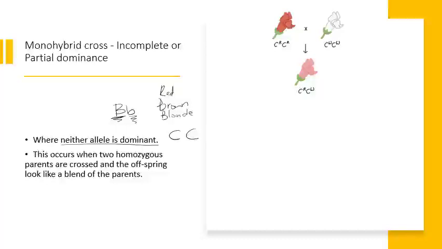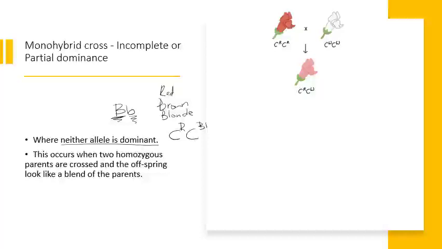All of these represent a letter on this color trait. So I can write a redhead as the color red, or I can write it as the color blonde, or the color brown. We'll generally only deal with 2 colors blending because we can only have 2 traits from each parent, at a maximum. So this occurs when 2 homozygous parents are crossed and the offspring all look like blends.